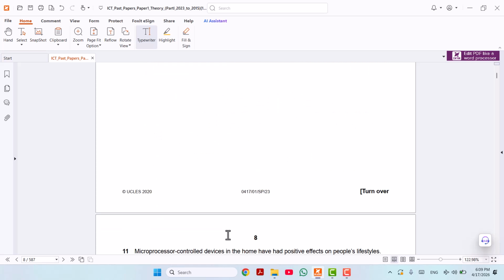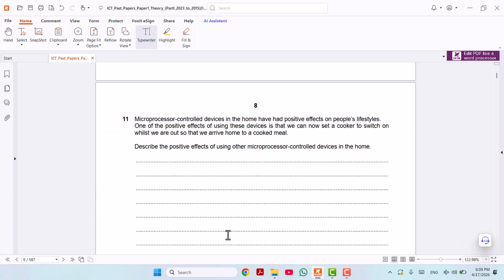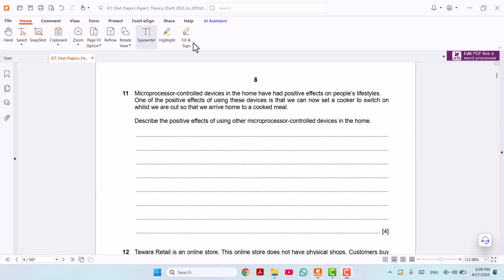Okay, after this we have another question. Question number 11. Personal control devices in the home have had positive effects on people's lives. One of the positive effects is using devices so that we can now set a cooker to switch on while we are out, so that we arrive home and go to cook a meal. Describe the positive effects of using other microprocessor devices in the home. So let's mention some devices as we explain.